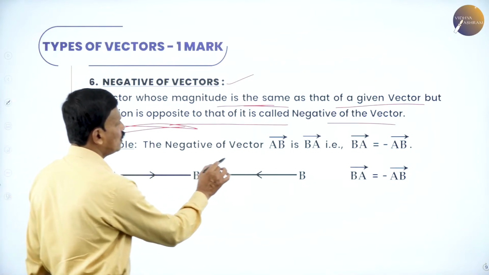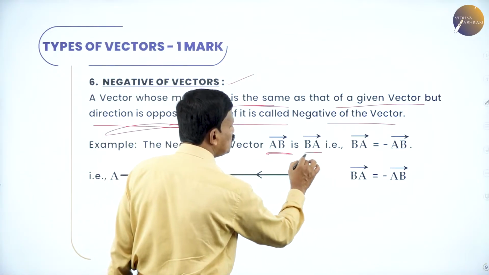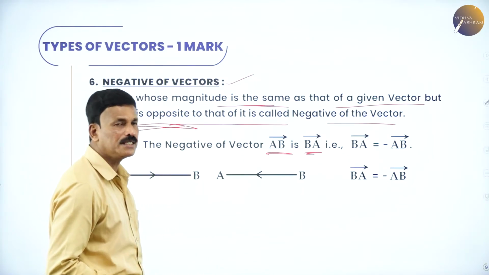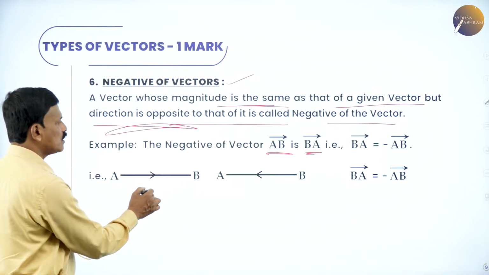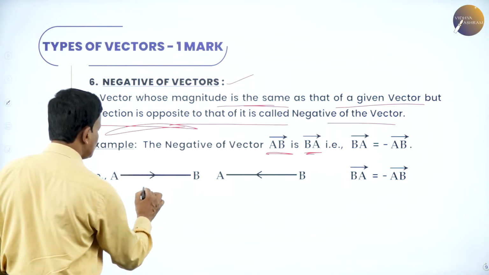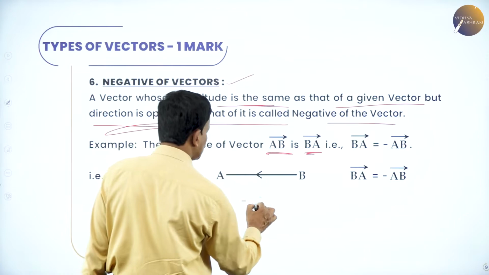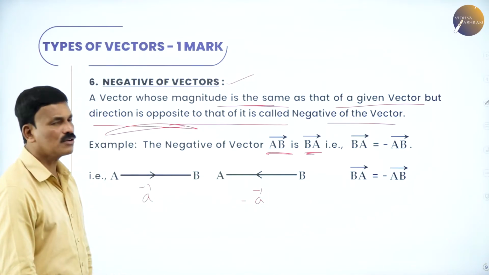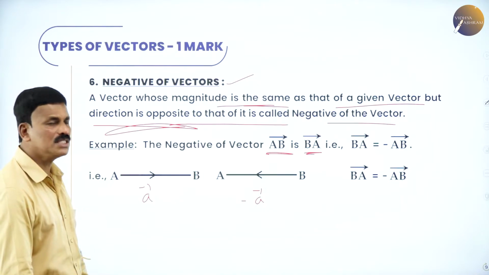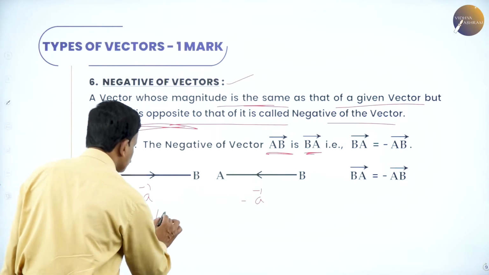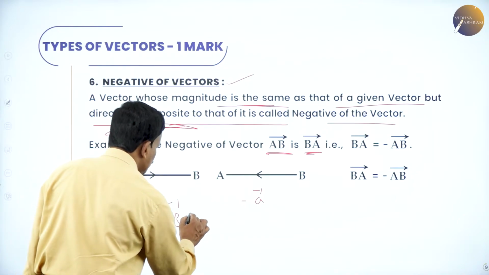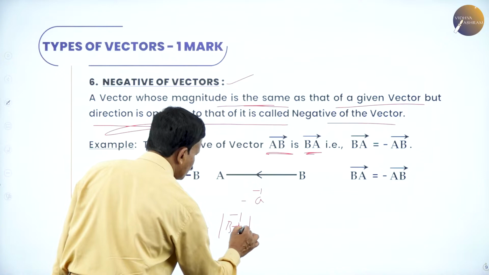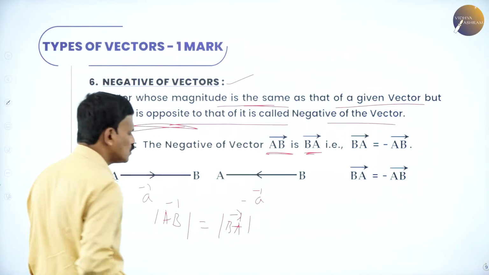Suppose the negative of the vector AB is BA, denoted as BA is equal to minus AB. Here A to B is a vector, and the negative of this is minus A, with the direction from B to A. So BA is equal to minus AB, whereas the length is the same: the length of AB is equal to the length of BA, because mod of minus A is also equal to positive.